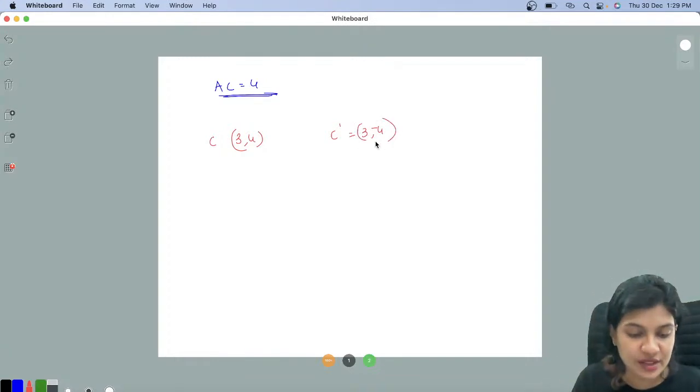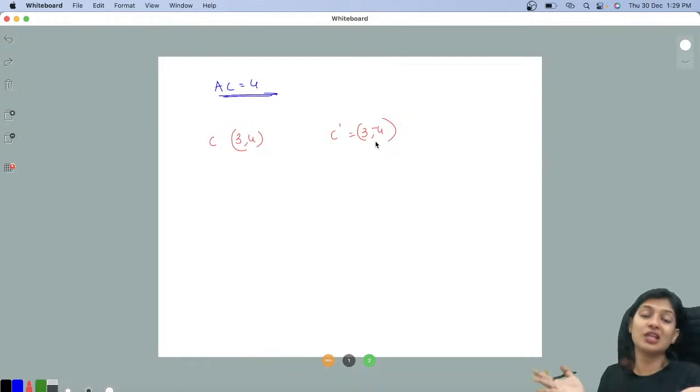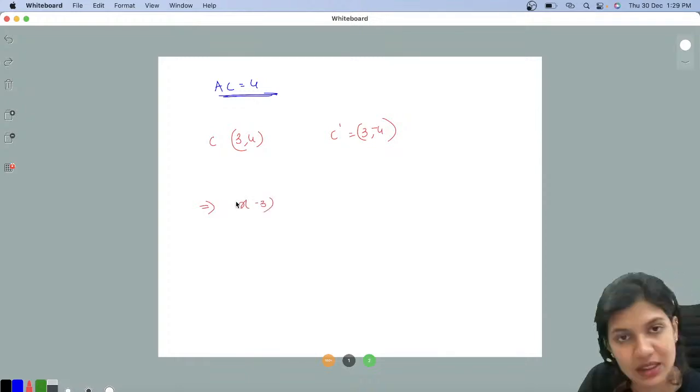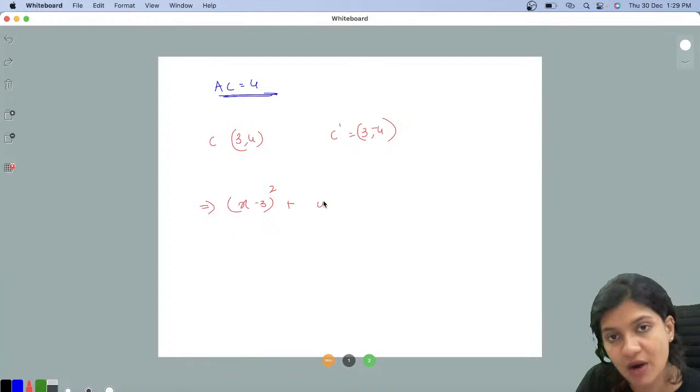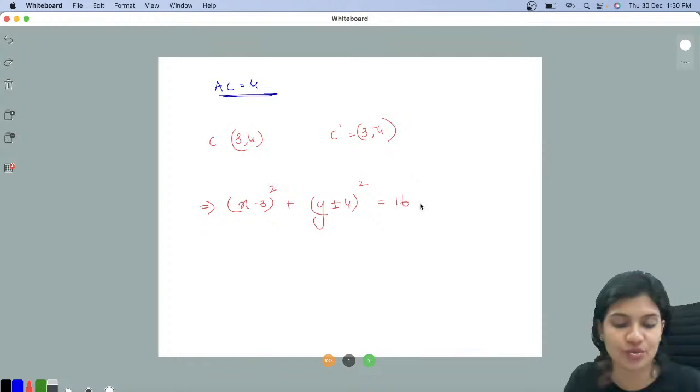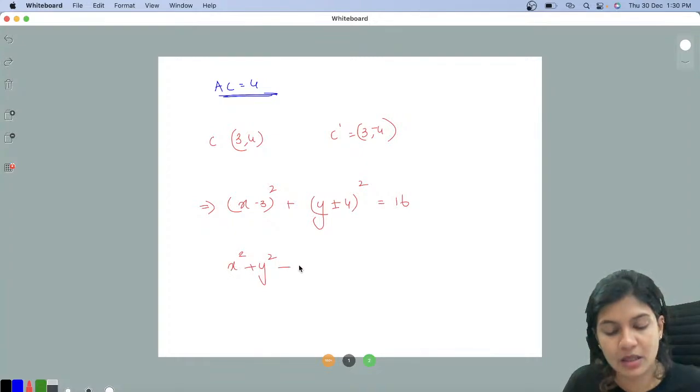Hence the equation of the circle. Either of them can be the center of the circle. So the equation will be x minus 3 whole square plus y plus or minus 4 whole square equal to 16, 4 square, radius square. So you will be getting x square plus y square plus or minus 6x, plus or minus 8y plus 9 equals 0.